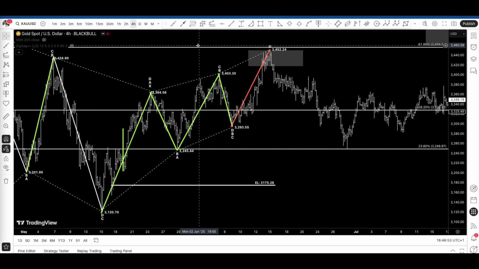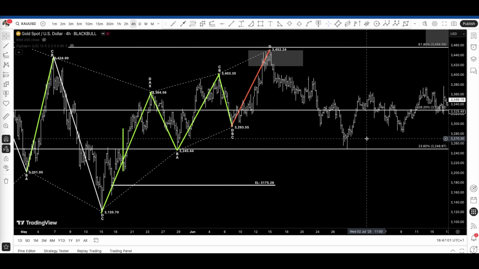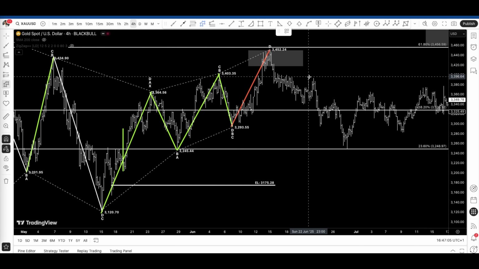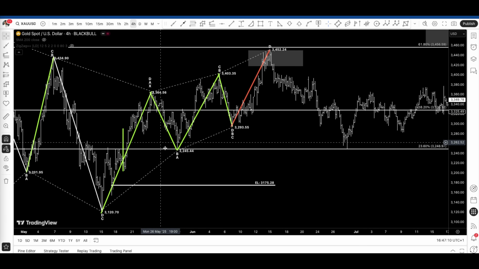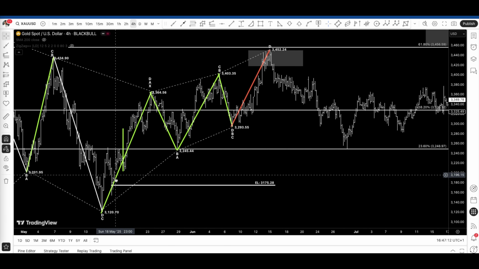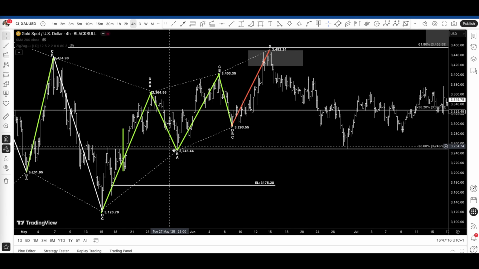Eventually, we have price completion 1, price completion 2, and a little bit of a fake out here. The next pattern I identified: there was an ABC, and another pattern here, an inverse head and shoulders.